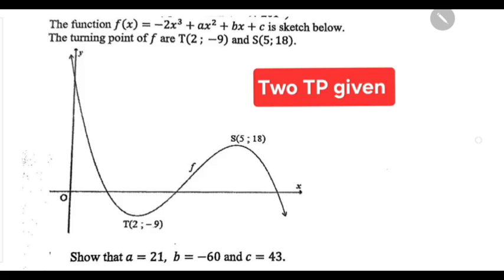The turning points of f are T(2, -9) and S(5, 18). So this is turning point T and this is turning point S. The question says show that a is equal to 21 and b is equal to negative 60 and c is equal to 43. I'll show you how to solve this question.